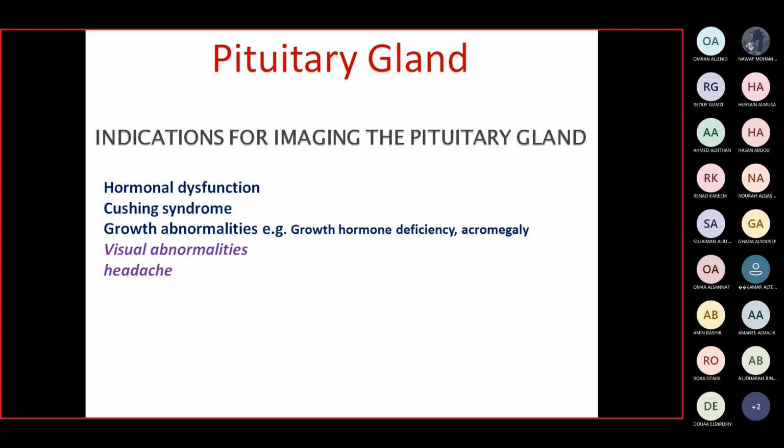Or when there are symptoms such as visual abnormalities, because a tumor in the pituitary gland may cause visual abnormalities, ending in blurring of vision and blindness. Headache may also be caused by pituitary gland abnormality, pituitary adenoma, pituitary macroadenoma, and so on. Those are the indications of pituitary gland imaging.